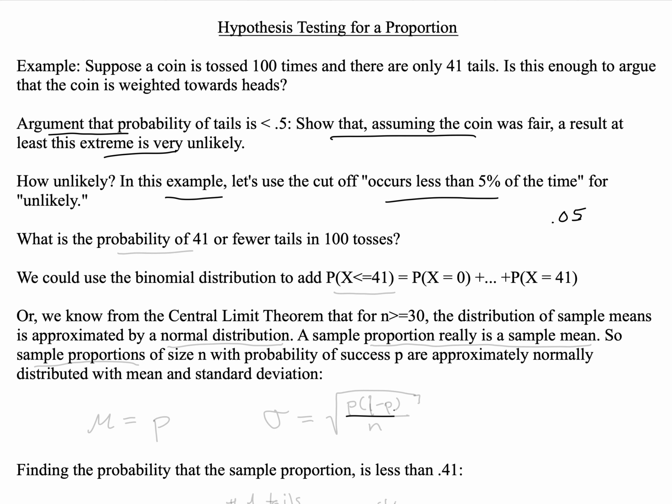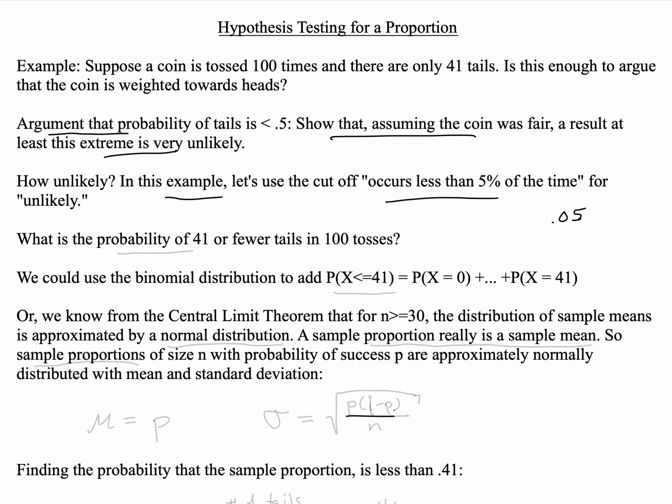We then collect or observe data, in this case 100 coin flips, 41 of them were tails, and find the probability of a result as extreme or more extreme than the one we observed. That's what we did. We found the probability that the sample proportion is less than or equal to 0.41. And if the probability of such a result is very small, we reject the null hypothesis. In this case, we did that. We did reject the null hypothesis.